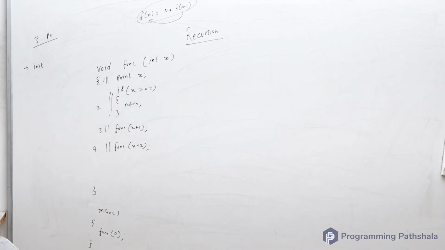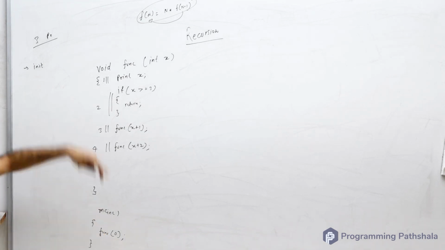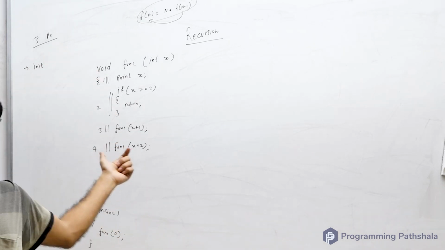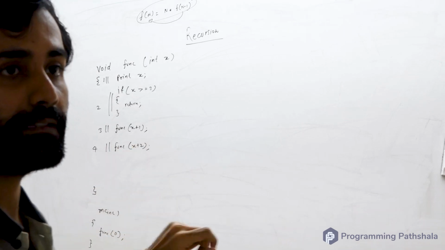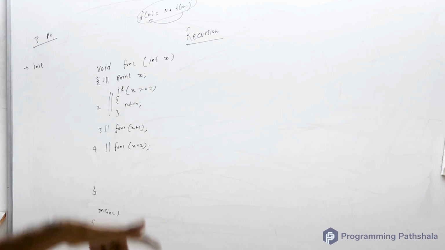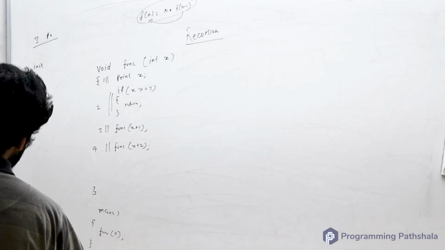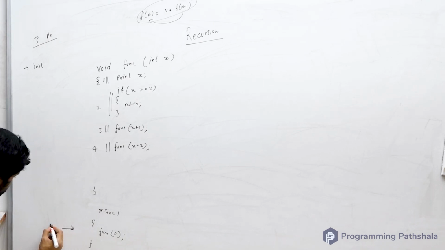Initialization means the first function call which triggered the recursive chain. So in this case, the initialization should be func of 0, because func of 0 is going to trigger the entire recursive chain.